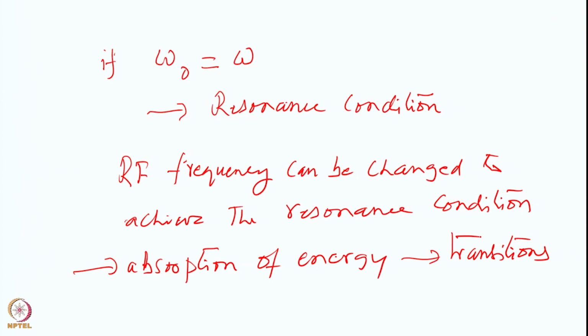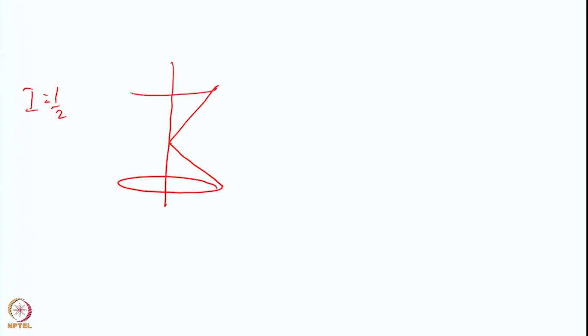Let us also look at this in a classical picture. The classical picture, again we go back to the single spin half system, I is equal to half. We said in the classical picture these ones are precessing like this, these are also precessing like this, and this frequency of precession was given by omega is equal to minus gamma h naught, and this is h naught.